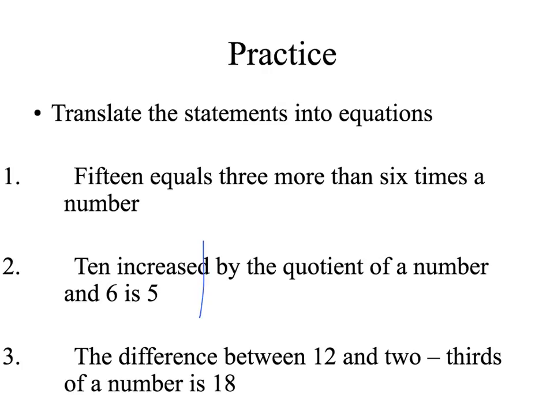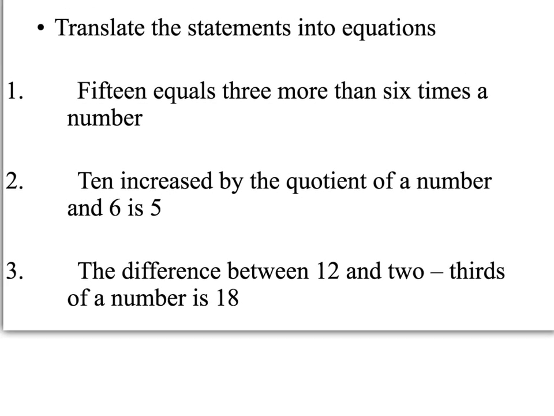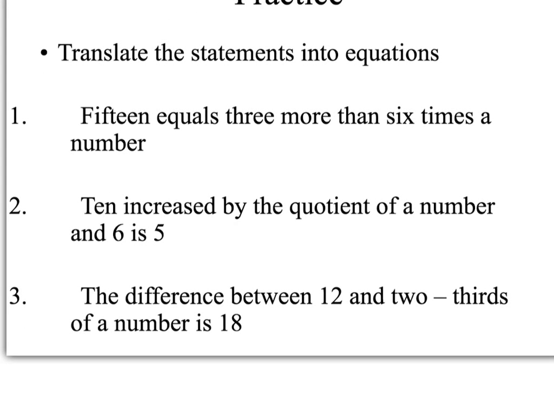Whoop. Erase that blue line there. So here's some that I would like you to try. I'd like you to go ahead and pause it, try it on your own, and then when you start up the video again, I'll go over the answers.